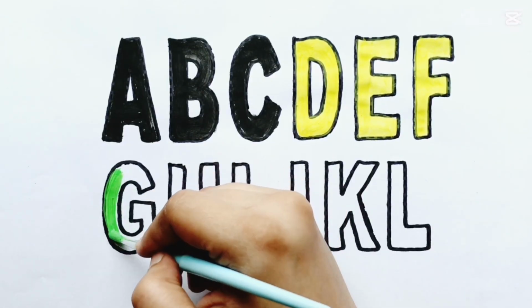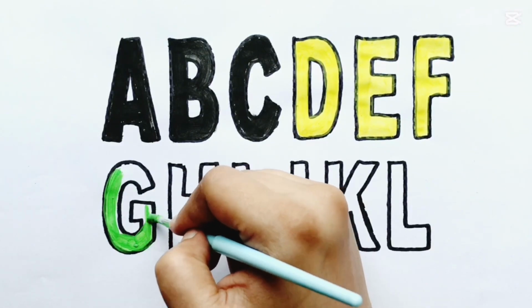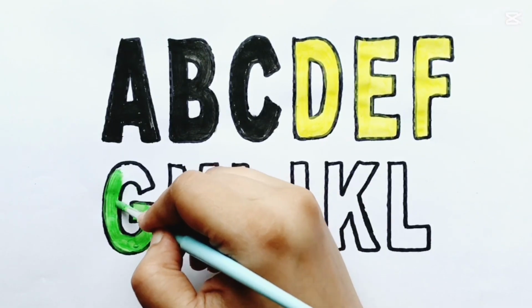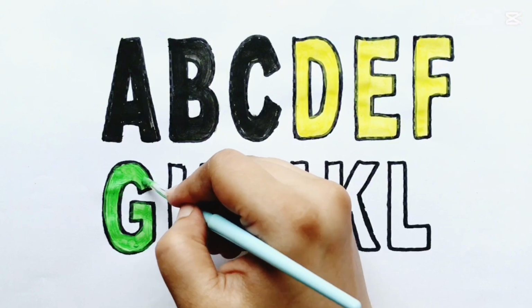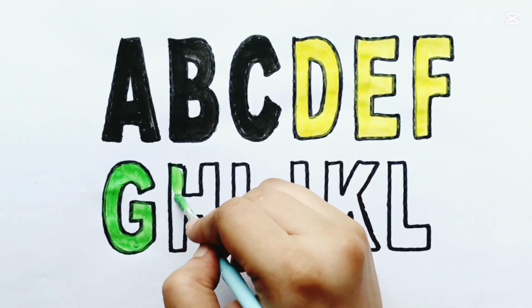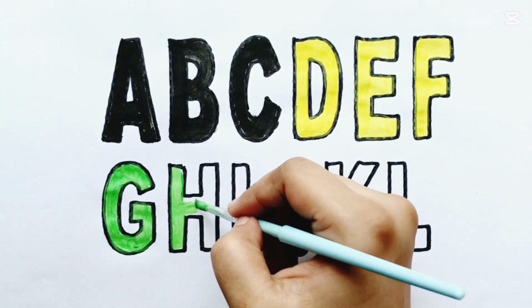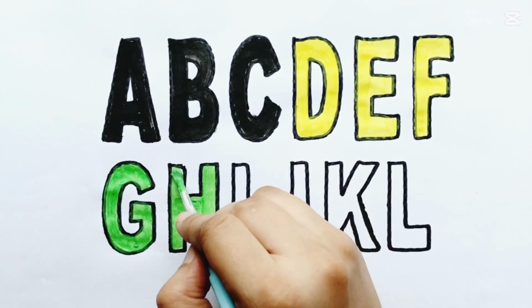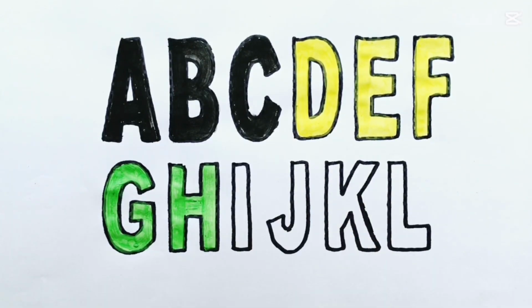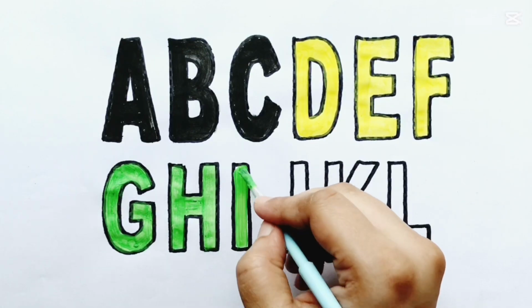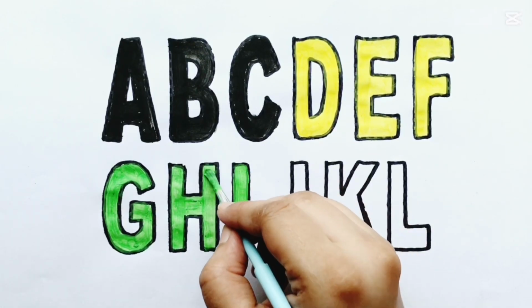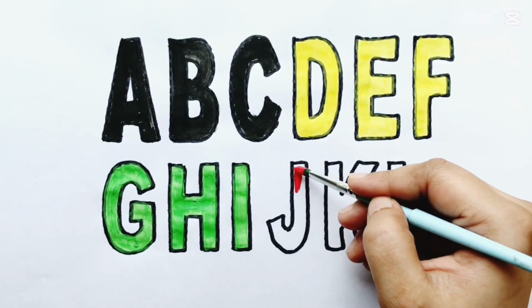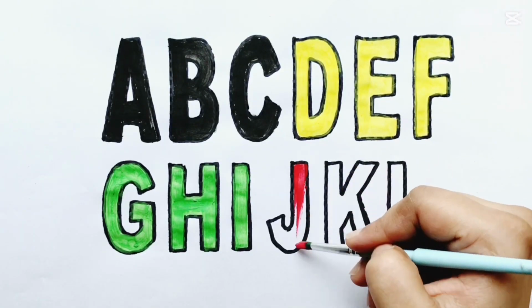Light green color. G for gorilla. H for horse. I for ink. Red color. J for joker.